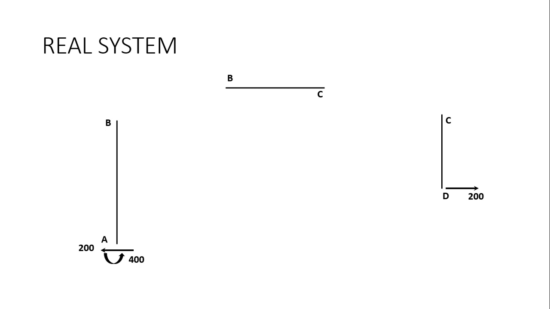So nilagyan natin dito sa babang parte, no, yung reaction dun sa point A. So by means of summation of forces, makukuha natin yung 200 kilonewtons dun sa point B going to the right naman. And then by summing up moments, okay, 200 times 5 meters, yun yung length ng AB. That's 1,000 minus 400 na counterclockwise. So makukuha natin yung 600 kilonewton meter na naka-apply dun sa point B.